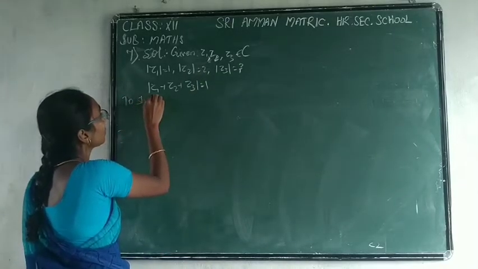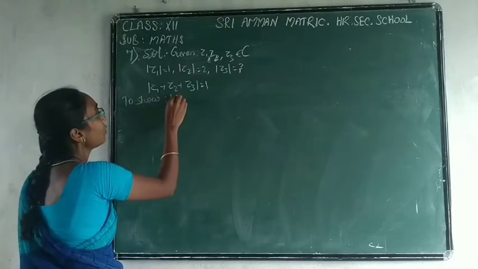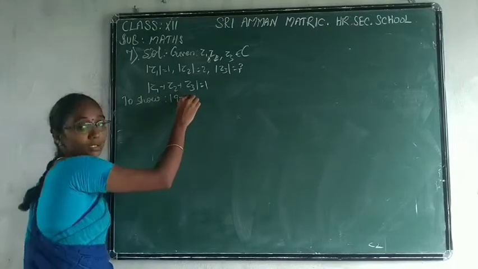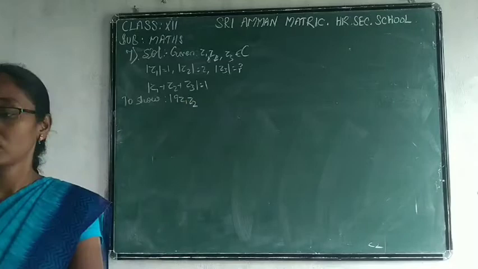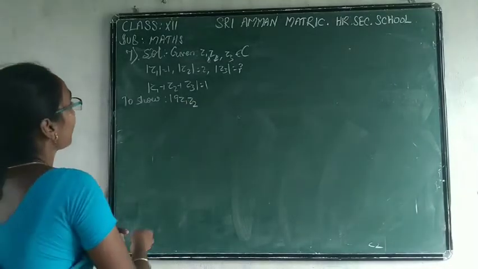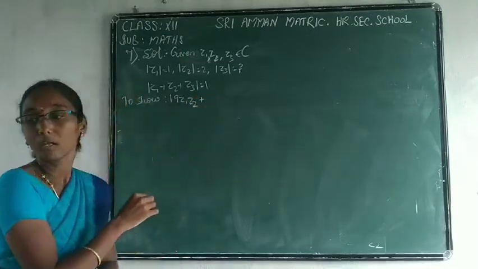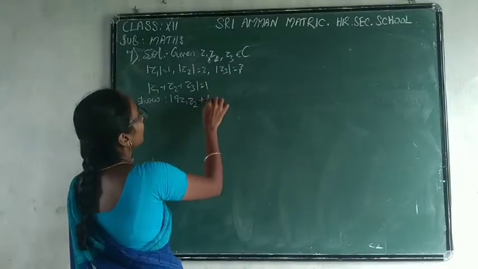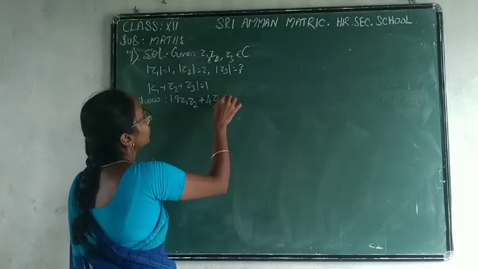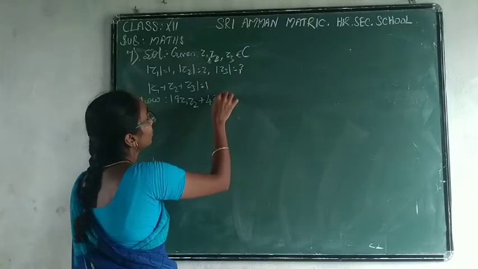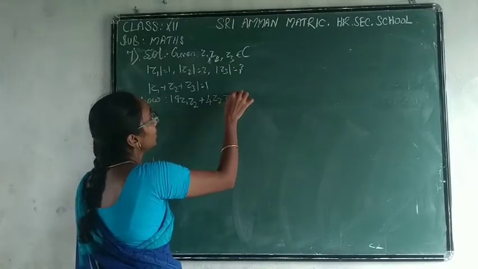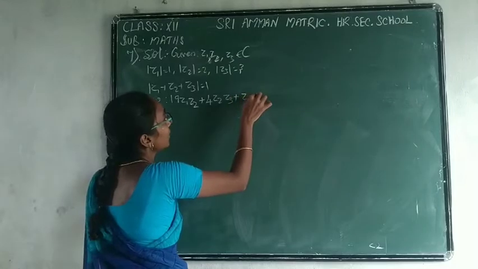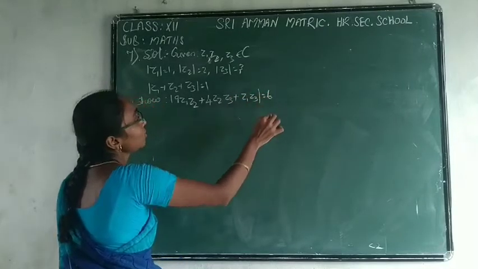To show: modulus of 9 z1 z2 plus 4 z1 z3 plus z2 z3 equals 6.